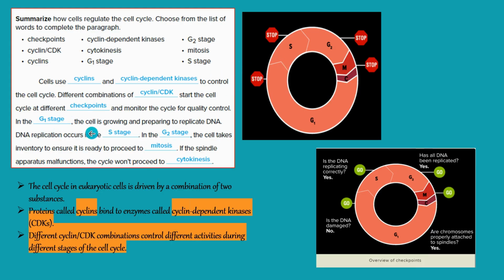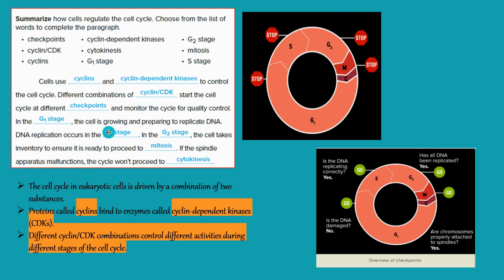Here the cell is growing and preparing to replicate DNA, everything good. Then DNA replication occurs in the S stage. Then in the G2 stage, the cell takes an inventory again to see if everything is ready. Is it ready to go for mitosis?